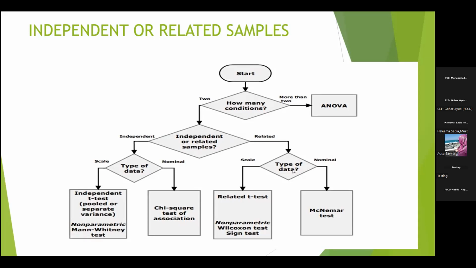But if the two conditions are related and nominal, then the best technique is the McNemar test. And on the other hand, if there are more than two conditions under observation, then we go for the ANOVA.